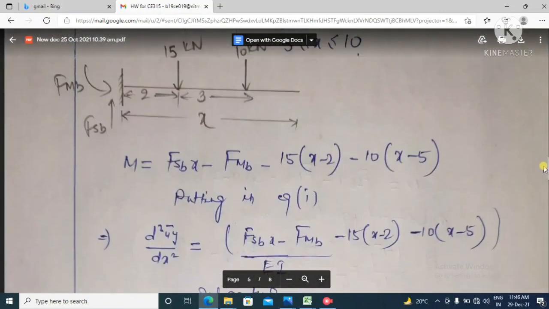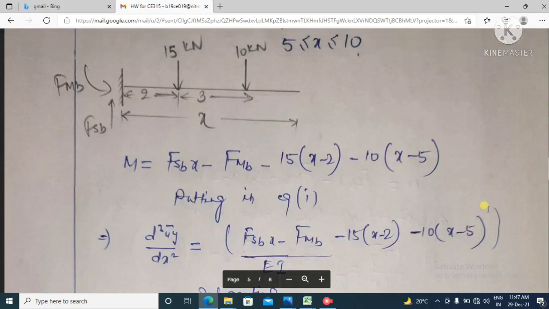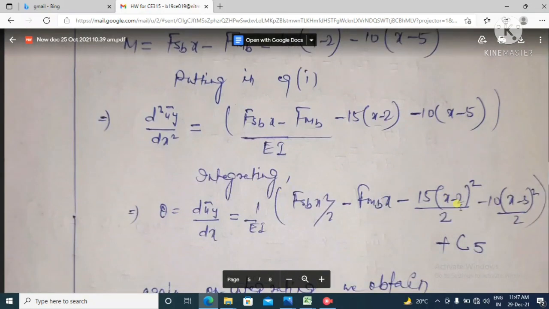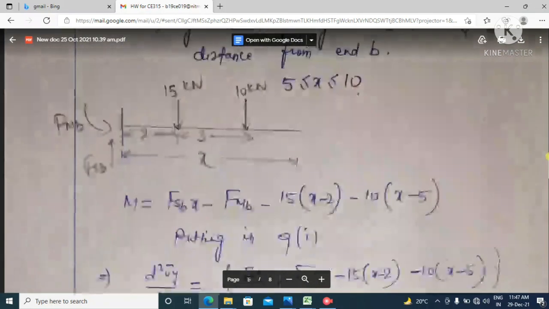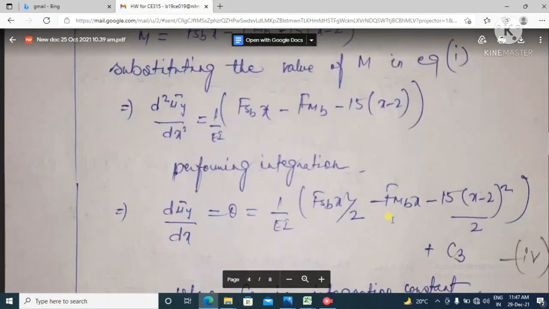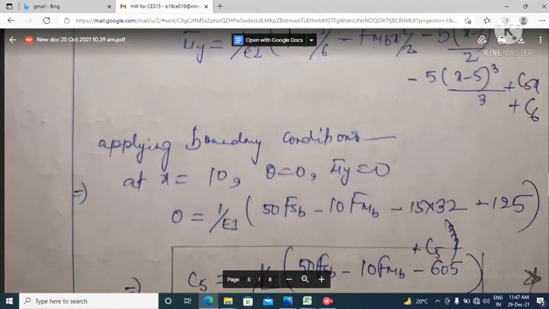where I am putting x equal to 5, I am making you understand at x equal to 5. In this equation also I will substitute x equal to 5. So theta in this equation, C5 we will be getting, and in this case I will be putting.